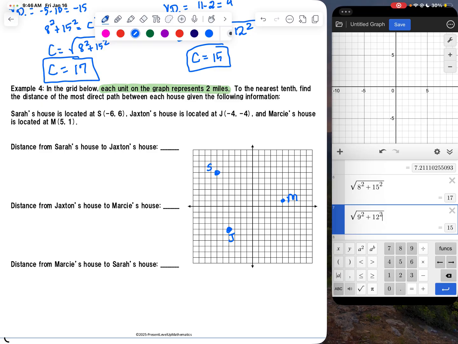The first thing they want us to calculate is the distance from Sarah's house to Jackson's house. So let me connect these two with a right triangle. Whoops, I went too far. Let's see. There we go.